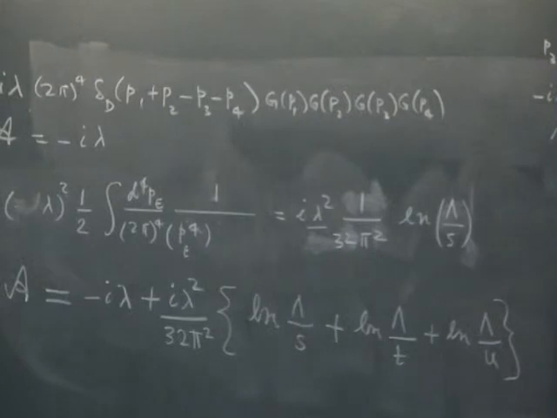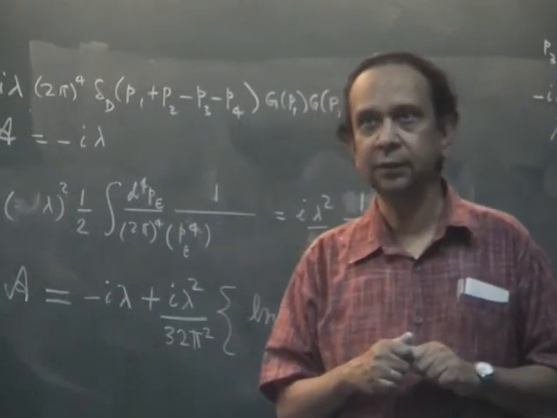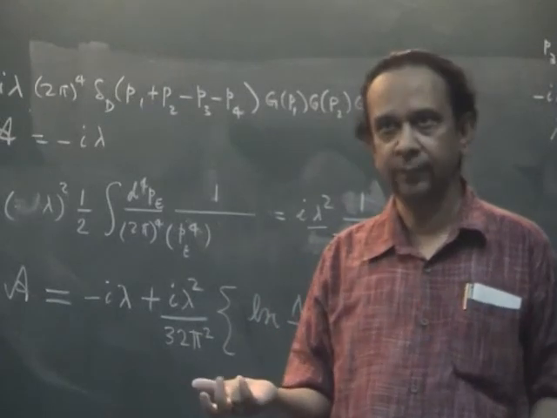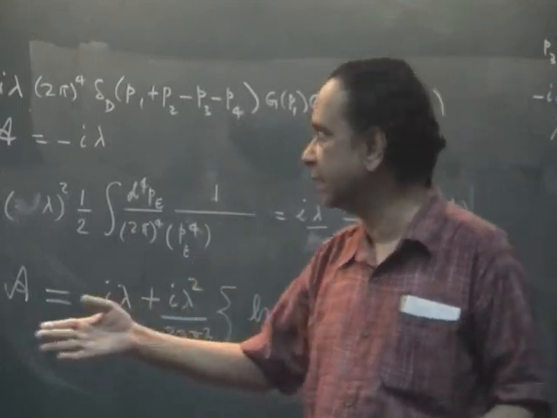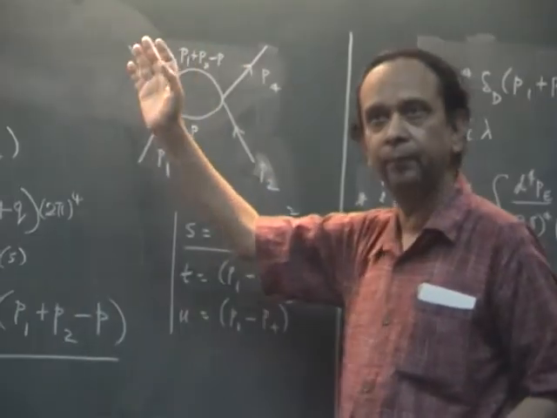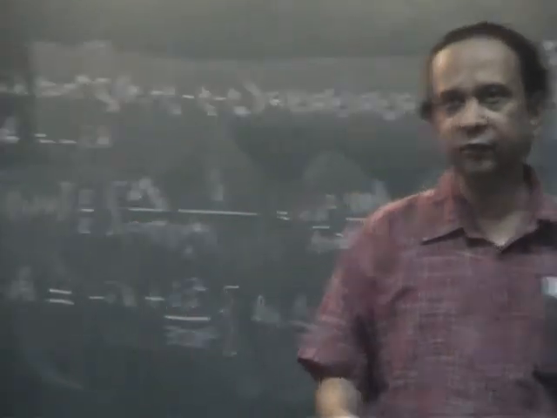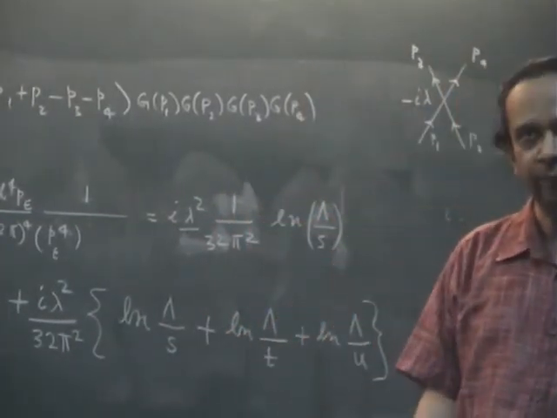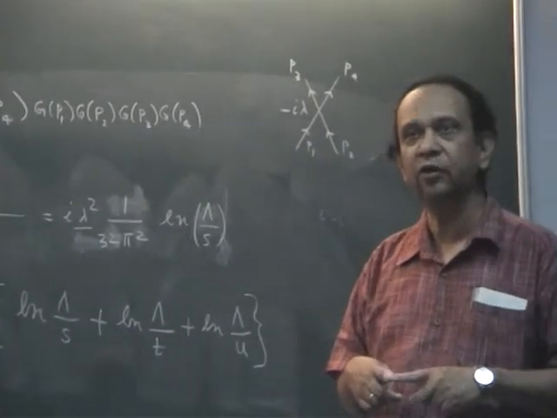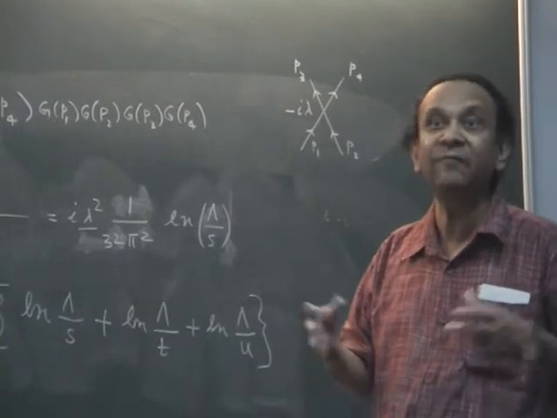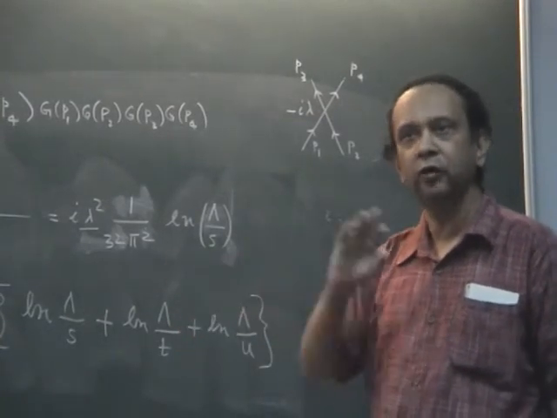Now we will do the same thing which we did before. You have to define your coupling constant by a scattering process. Now when you do this scattering process, what it recognizes is something with a blob here. To the lowest order it would give you minus i lambda, next order it might give you something else, etc. But all of them are thrown. So you have to fix your coupling constant by doing the scattering experiment at some value. Let us take that value to be s0, t0, u0.